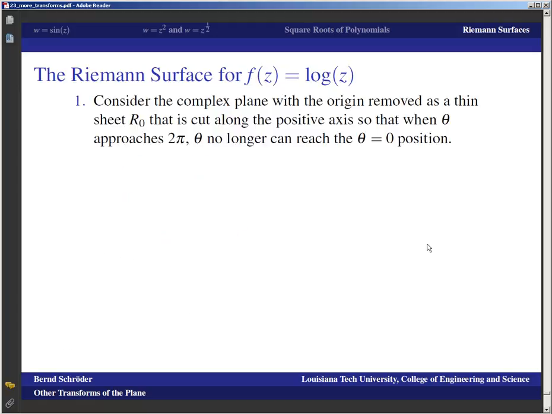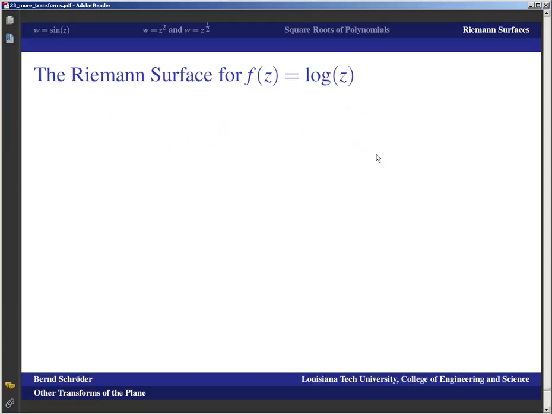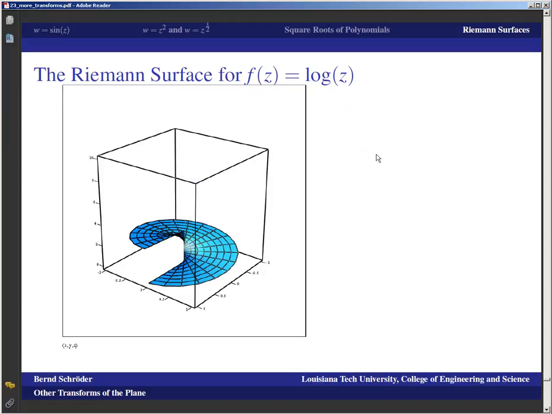If you want to make that technical, you would take the complex plane with the origin removed and you consider it as a thin sheet R0. I'm not sure why I called that R at this stage, but okay, R, yeah, Riemann 0, that is cut along the positive axis so that when theta approaches 2 pi, theta no longer can reach the theta equals 0 position. That's exactly what we had back here, right?